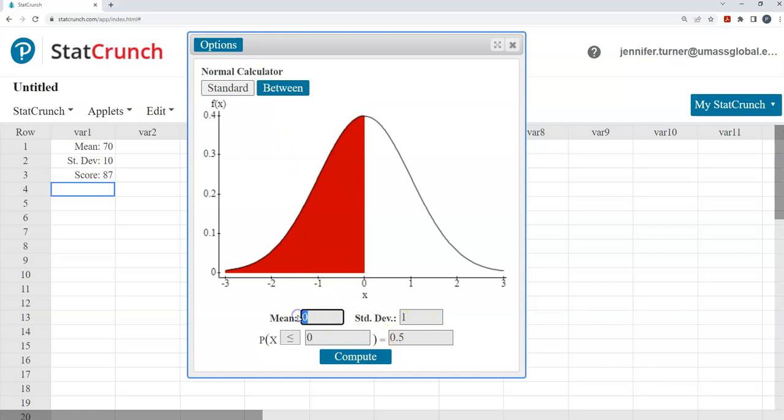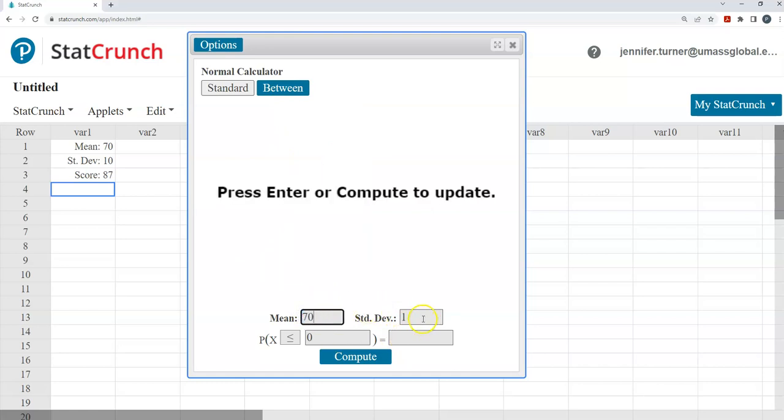The mean again was 70, the standard deviation was 10, and the score we're looking at is 87, and I want this symbol here to be set to less than or equal because that's what a percentile is. A percentile is the percentage of likelihood that someone will achieve a score or a measurement less than or equal to this amount. And then all we have to do is click compute.